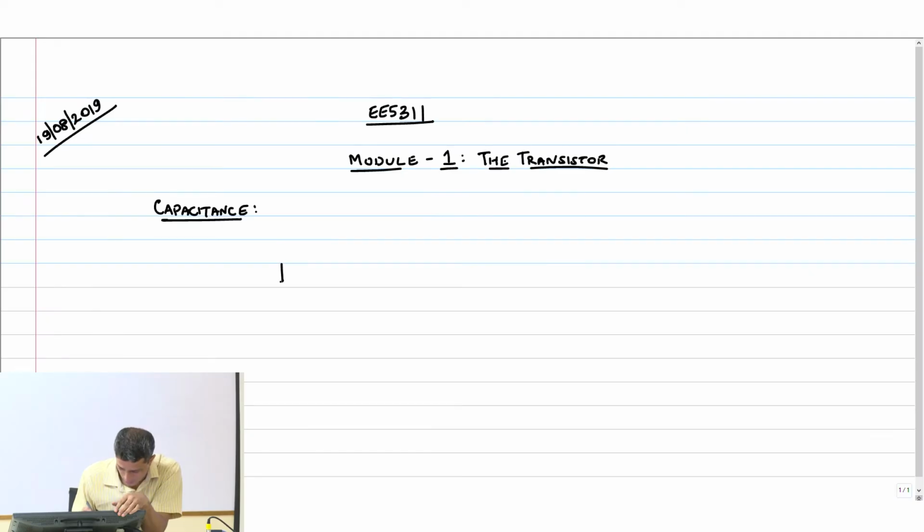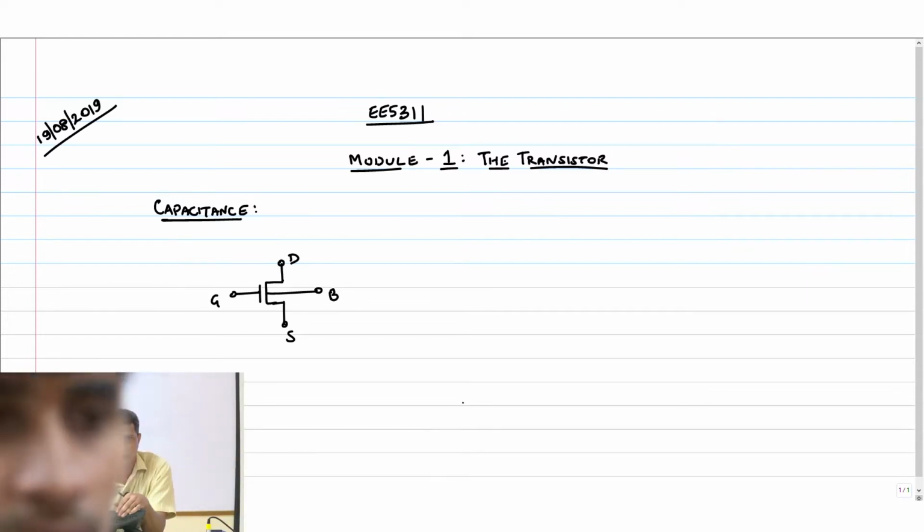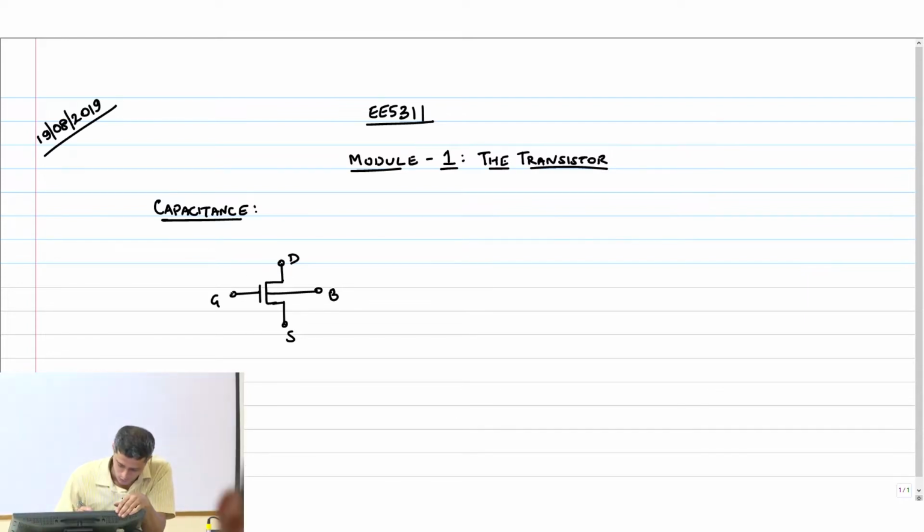So the discussion we had last time was that the transistor is obviously a 4-terminal device. The gate, drain, source and body, and you have capacitances almost across all the terminals.